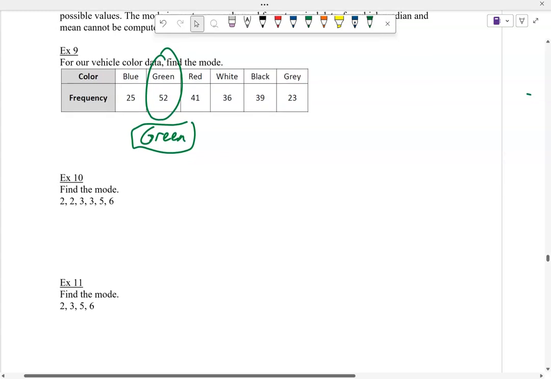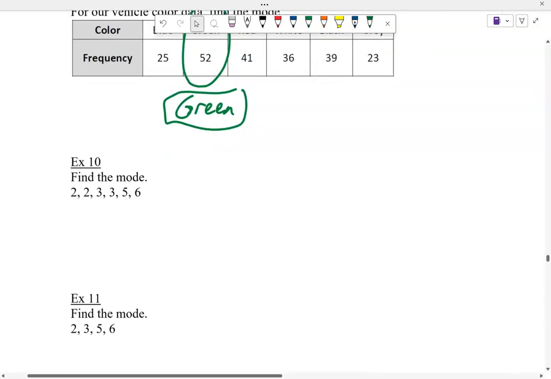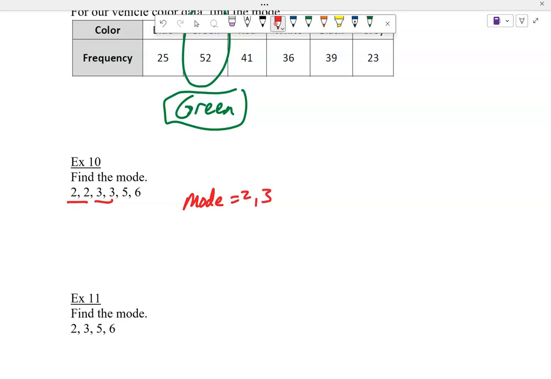Like this is an example of that. So I have 2 2s, I have 2 3s, and I have a 5, and I have a 6. 2 2s and 2 3s, so both of those are the mode. They both occur most often, but they're tied for the same amount. They both have 2 of them, right? But they are more often than the 5 and the 6. There's only 1 5 and 1 6.